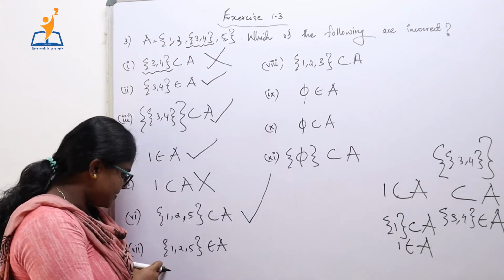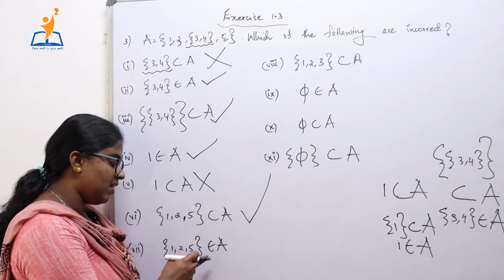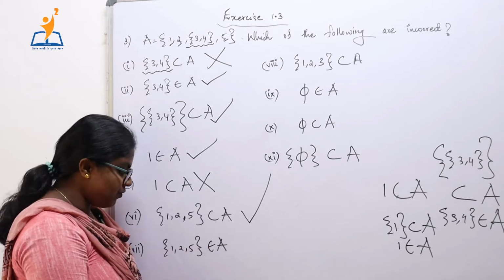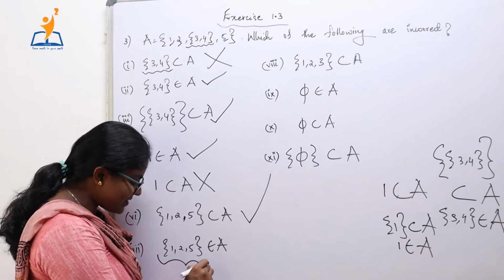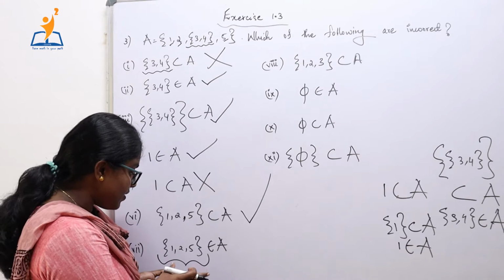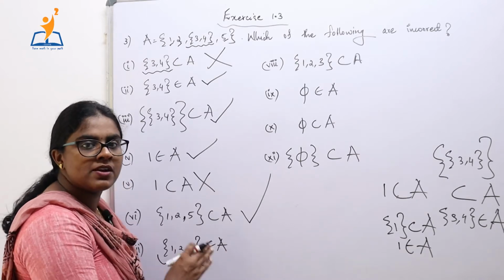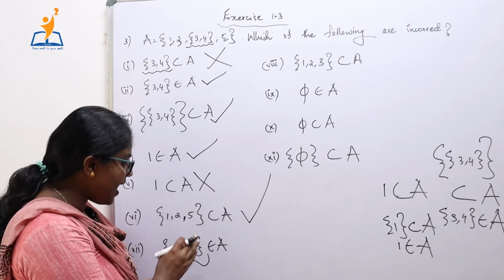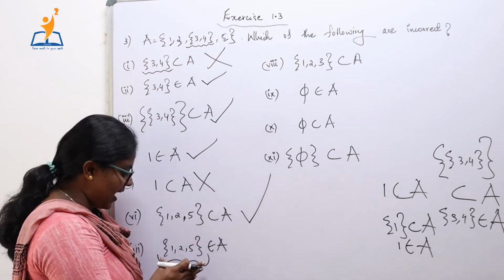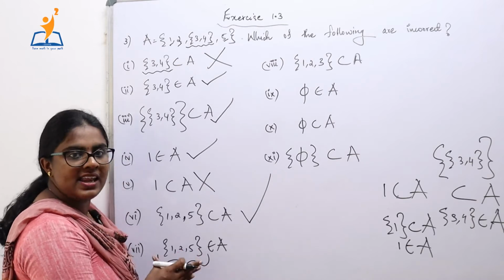Moving on to the 7th subpart, we have {1, 2, 5} belongs to A, which means this particular set is an element of A. That is given in this question. For this statement to be true, I should have an A which contains this set as an element.